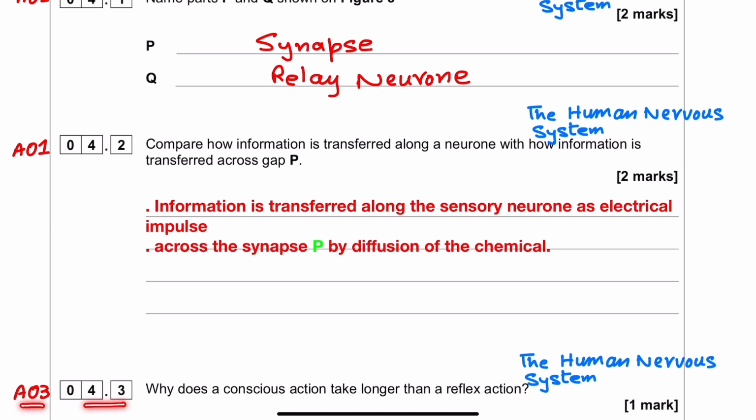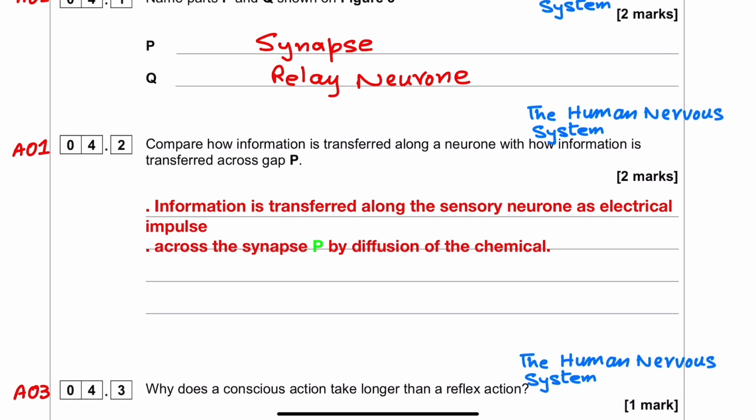4.3 is an AO3 question. It is an application based question. Why does a conscious action take longer than a reflex action? This question is from the human nervous system. The reflex action takes place with the help of the spinal cord, whereas conscious actions take place with the help of the brain, in which the brain has to process the information before taking any action.